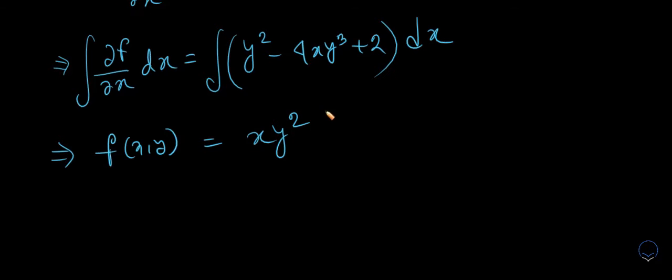Then you will have, minus, there is a 4 in front, and here there will be the integration of x dx, so that will give us x squared by 2. So we have 4 times x squared by 2 times y cubed, and finally you will have 2x.